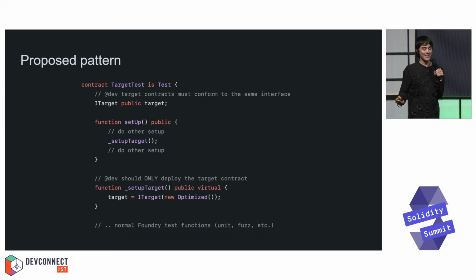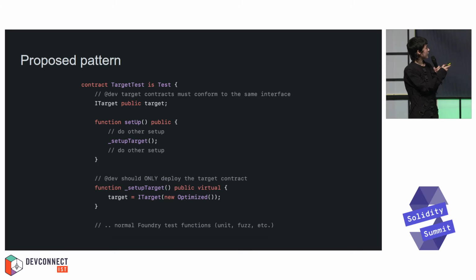So finally, coming to what I would propose as an interesting pattern for differential testing with Foundry. What you're looking at here should basically look like a normal Foundry test, similar to your existing test suites. You've got the test contract, you've got the target contract that you are trying to test, a setup function which performs some state setup.